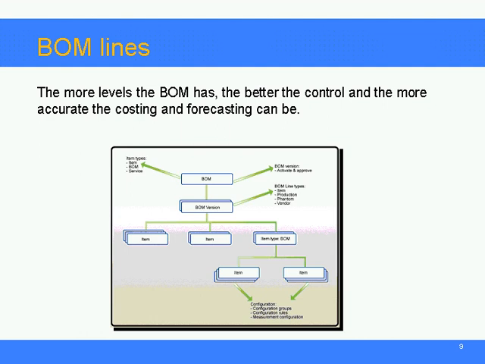consists of several items, of several lines, and lines may be items. Here you see items, 2 items, production. Here you see item type BOM, production, phantom, and vendor.